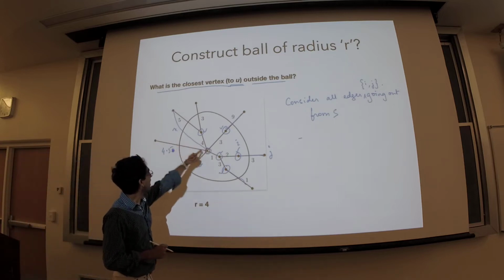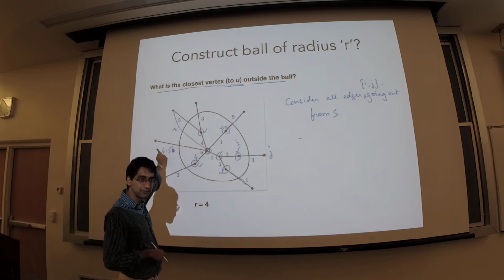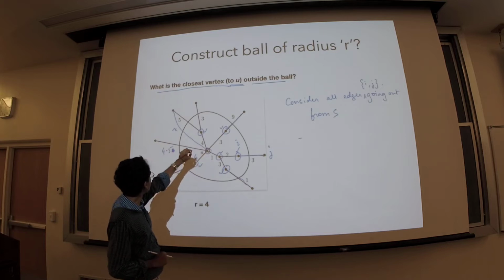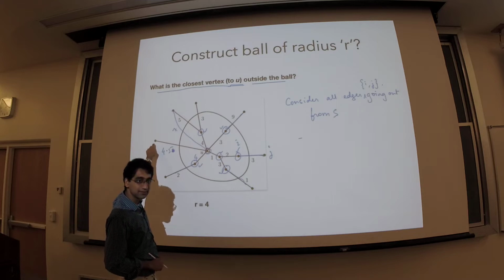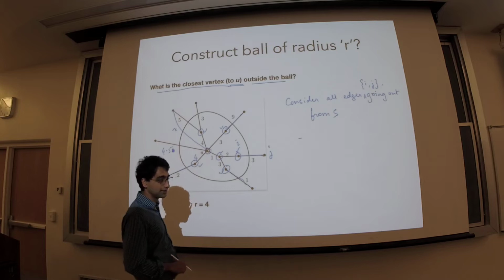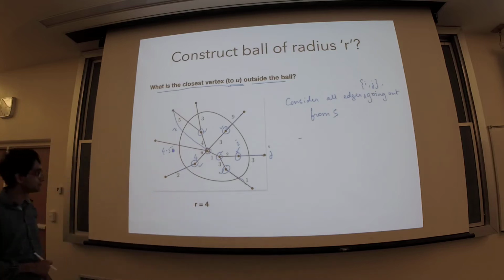Now this is actually a pretty high weight edge, right? But the closest vertex to you outside of this ball is still this vertex. That's right. You've got to take it plus the weight on a particular node.